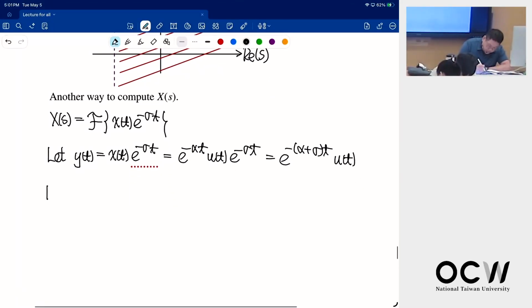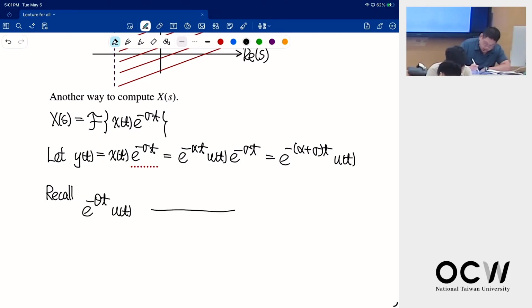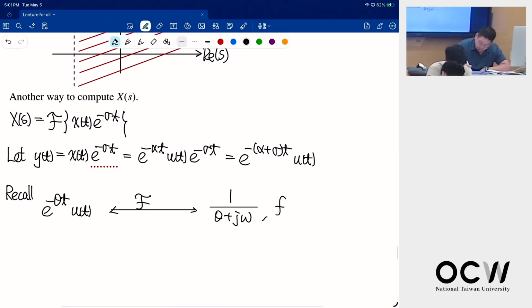And we know e to the minus theta t u(t), their Fourier transform is 1 over theta plus j omega for theta greater than 0.